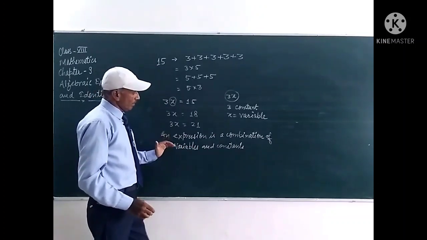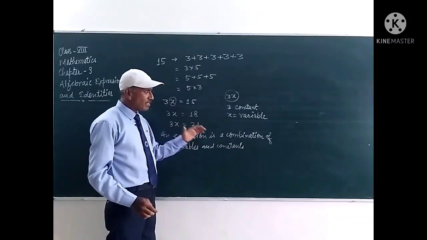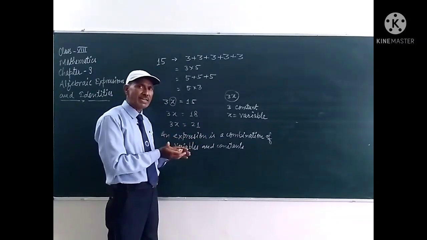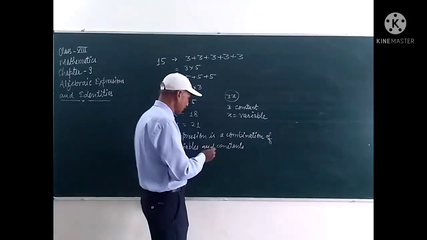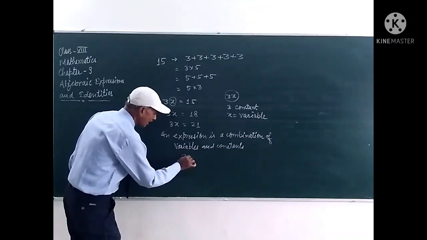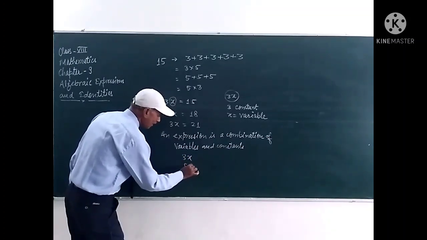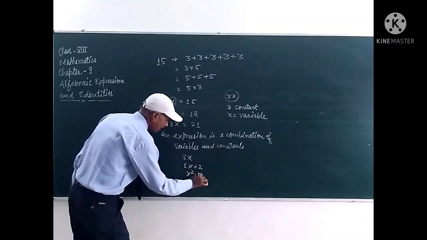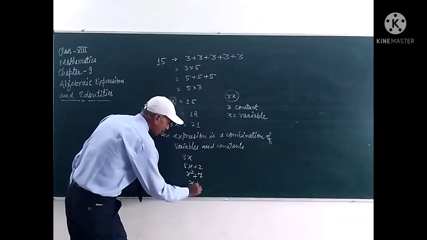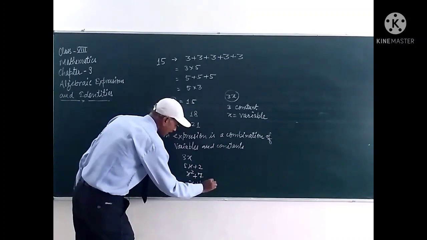So the combination of variables and constants is called an expression. Like this: 3x, 5x plus 2, x square plus 7, x plus y plus z.